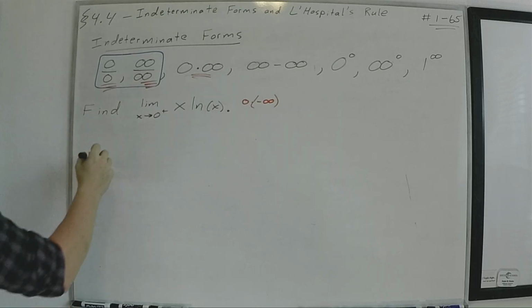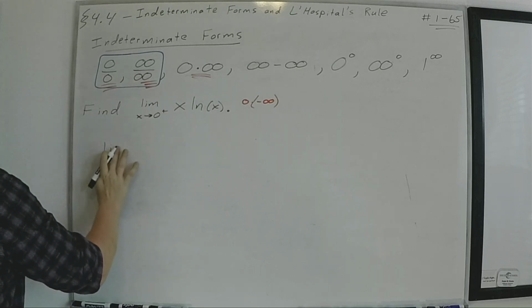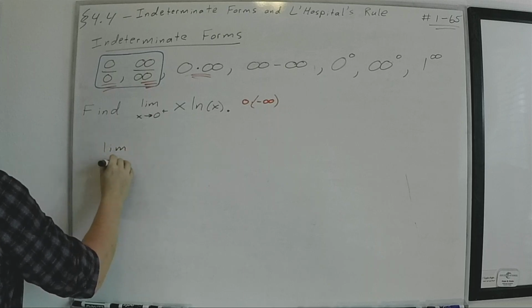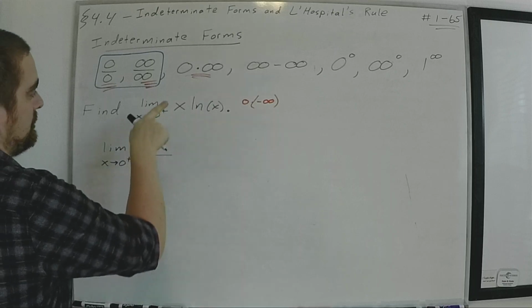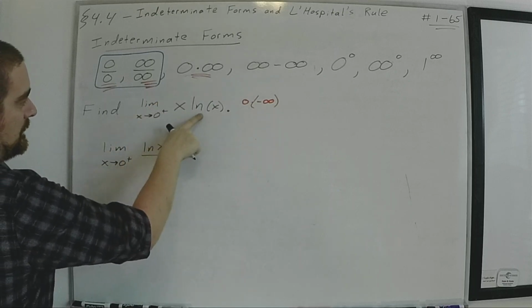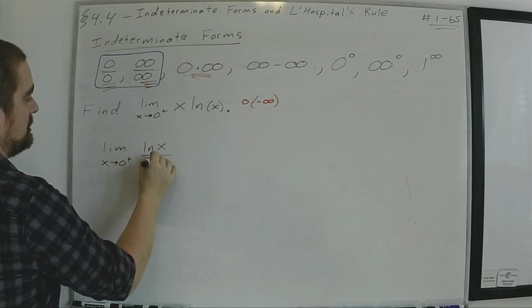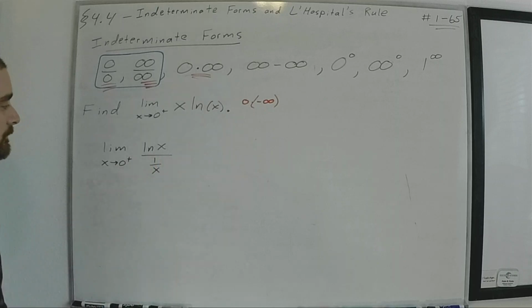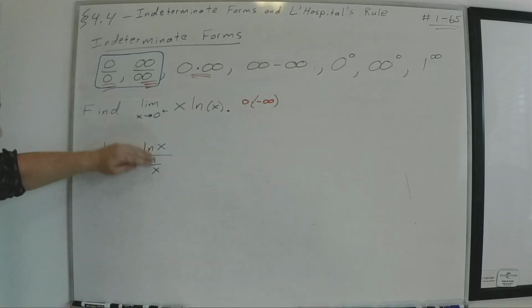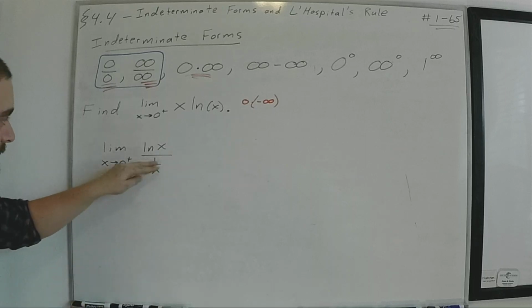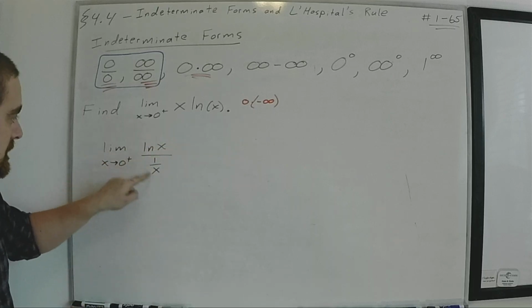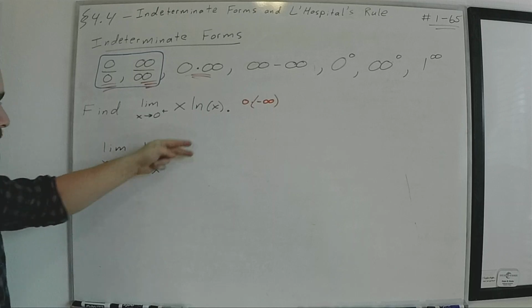So what you can do is take the limit as x goes to 0 from the right, and instead of taking the natural log function and multiplying by x, I'm going to divide by the reciprocal 1 over x. Dividing by 1 over x is the same thing as multiplying by the reciprocal of 1 over x. So this is x times natural log of x, if I were to reciprocate this.